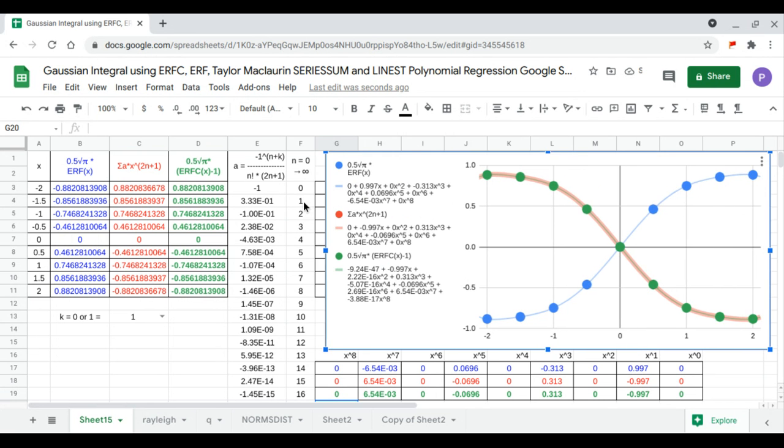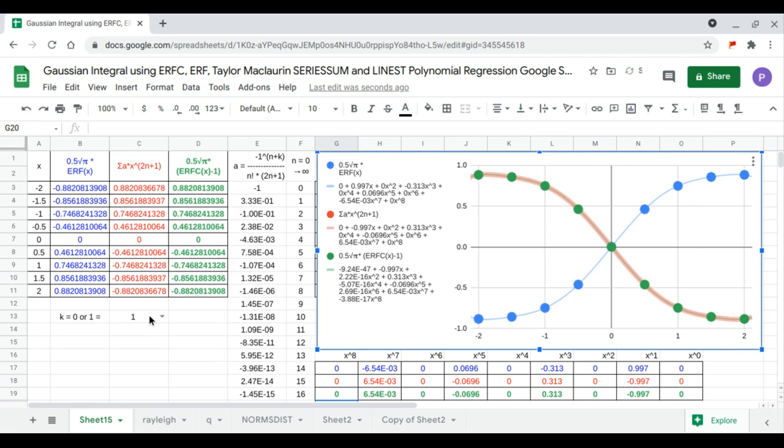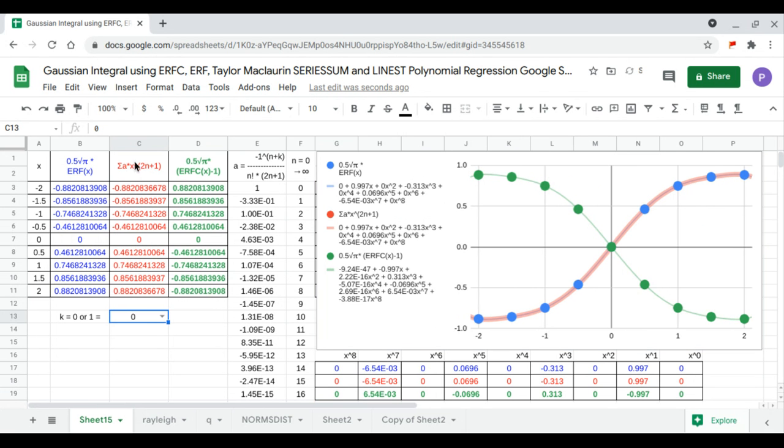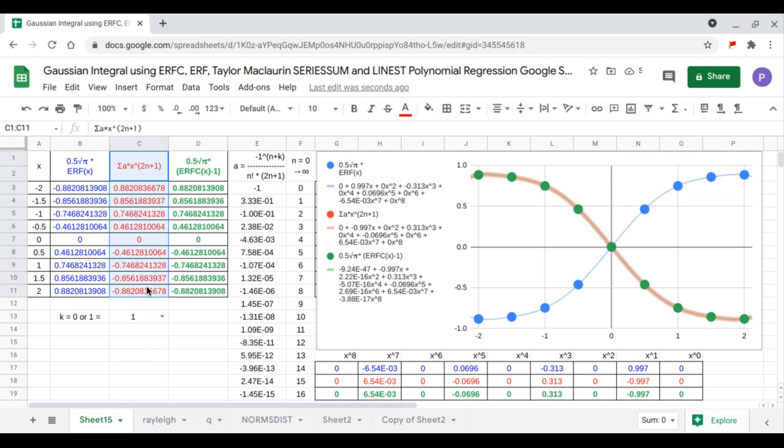So we compare this with our trend line. So k equals 0. These data sets are the same, meaning the expansion approximates the error function. If it is 1, our expansion approximates the complementary error function, and the polynomial regression coefficients also match.